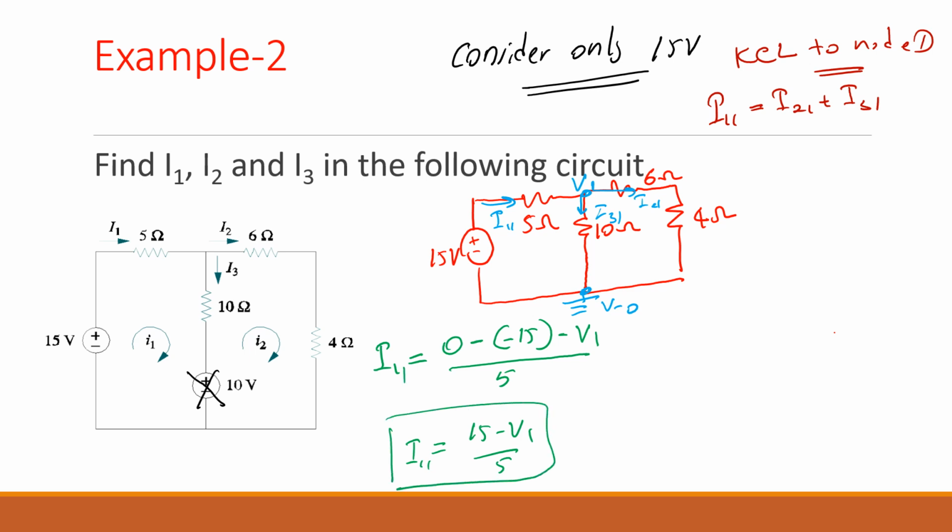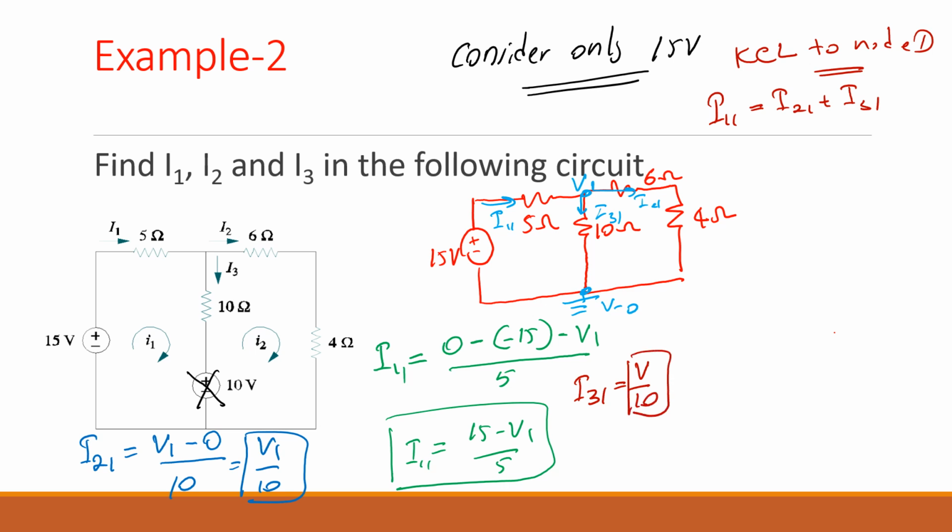What is I21? Starting from V1 going to 0, what is the resistance along that path? 10. So that will be V1 over 10. How about I3? Starting from V1 going to 0, divided by 10. Am I right? So these are the three currents.